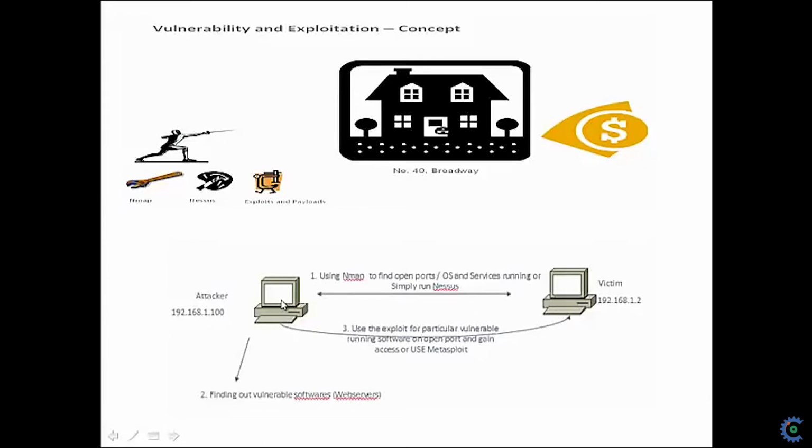Therefore he is using an Nmap scan. Now he finds out what applications, what operating system, and what ports are open. Now let's say there are applications A, B, and C running, and this particular victim has not patched A and B because the patches for A and B were just released last night, and probably his Windows update or the application update is scheduled once a week, probably on a weekend.